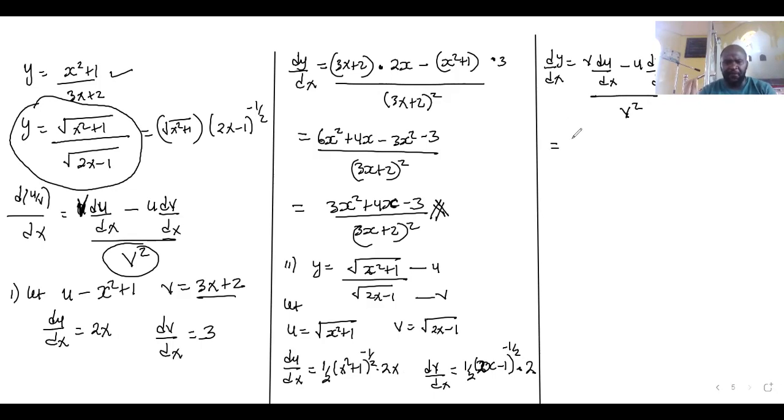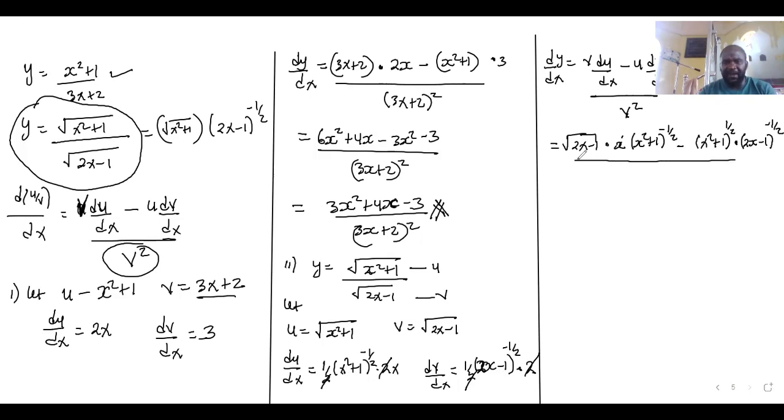You realize that v is root of 2x minus 1. Then du/dx, I can lose these two actually. This is now x times (x squared plus 1) to the power negative a half, minus u, which is (x squared plus 1) to the power a half, times, this 2 can also be lost with this 2, I remain with (2x minus 1) to the power negative a half.